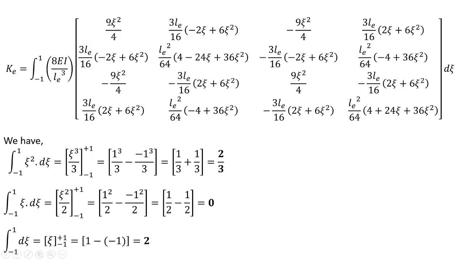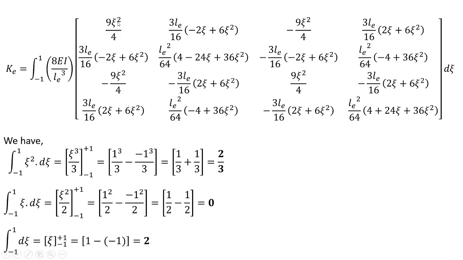If I look at these terms, either I have a zeta square, or a zeta, or a constant. So only these three possibilities are there. Therefore, outside, let us calculate what those values are. Then in the next step, when zeta square is there, I can directly substitute that integrated value.